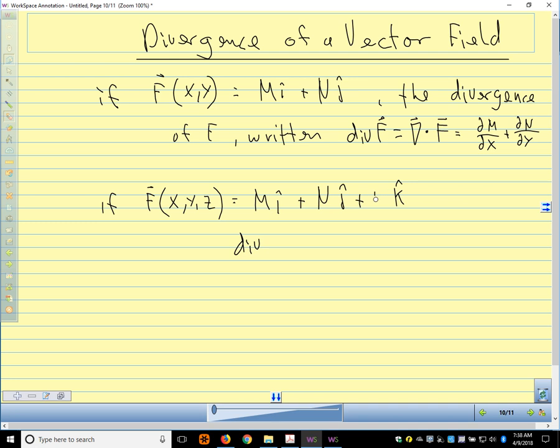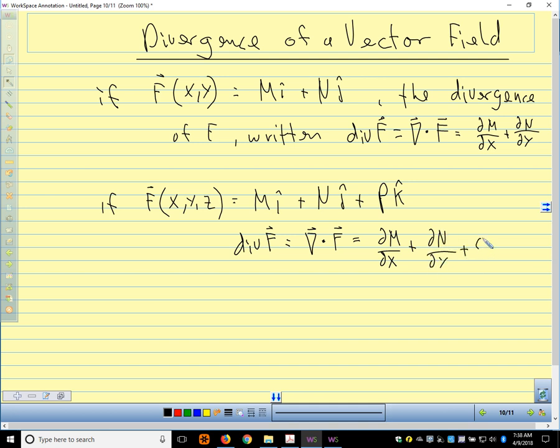Divergence of f is del dot f, and that's just going to be the partial of m with respect to x plus the partial of n with respect to y plus the partial of p with respect to z. And the divergence is a scalar.